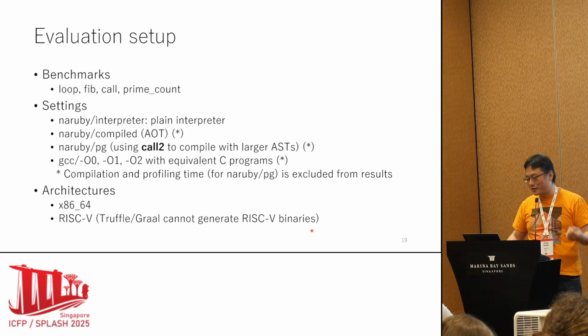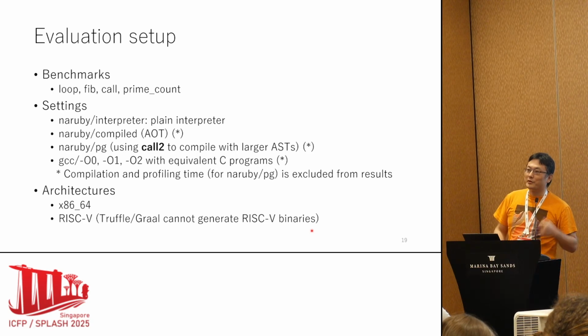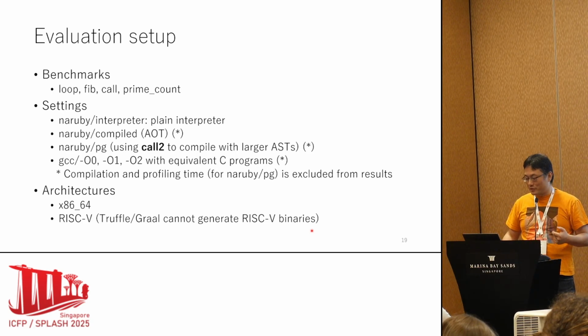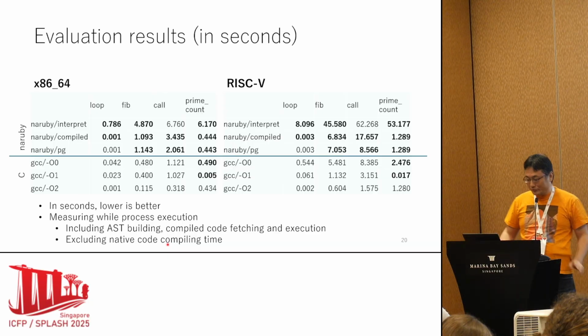So we evaluate on some settings with the corresponding C code with some C optimization flags, and also our compiled code can run on the disk file because we have a disk file C compiler.